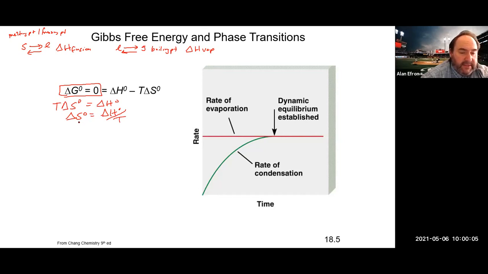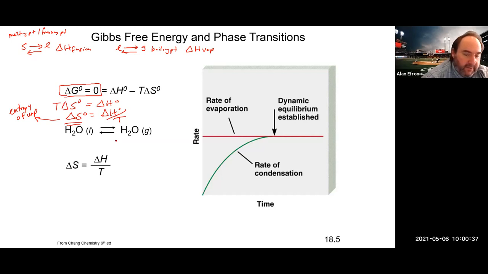Now, we could use this to figure out what is sometimes referred to, for example, as the entropy of vaporization. This is basically the entropy change that's happening as we do that basic transition that's occurring. So if we look at something like water here, transitioning from liquid water to gas, basically steam, if we do that little rearrangement there, and we actually put in our numbers that coordinate with that, and just to let you know what these numbers are, delta H here is the delta H of vaporization for water.